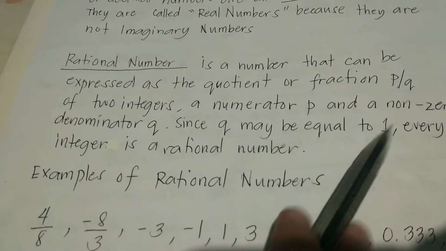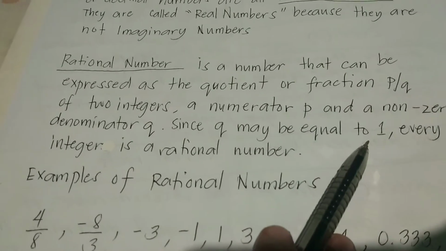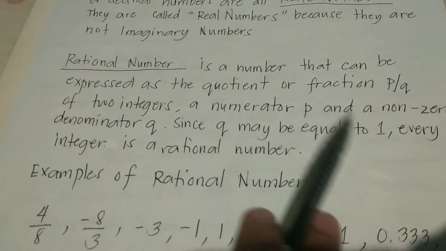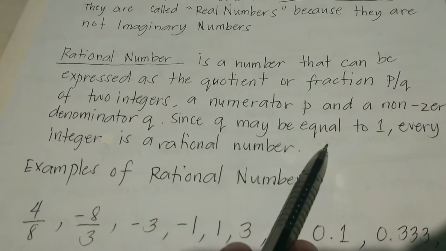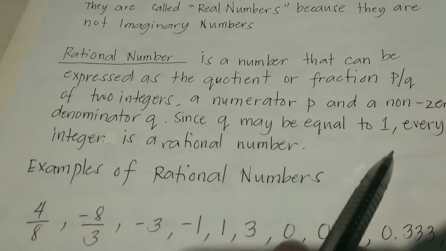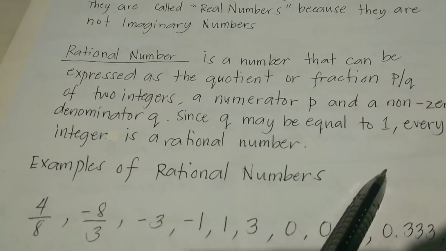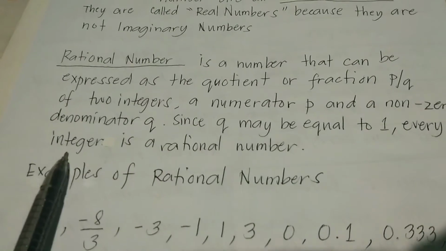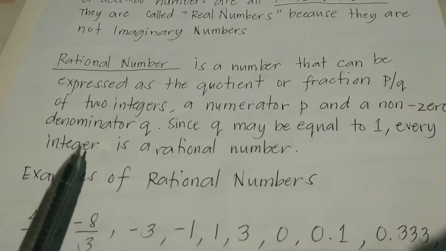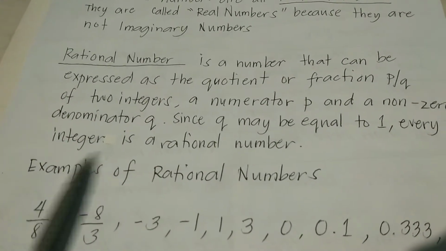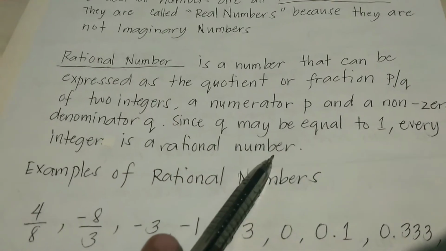Pag ang denominator po niya kasi ay 1, dinivide natin siya sa number. For example, 5 over 1, the answer is 5. And 5 is positive and it is an integer. So, yung pag integer po yun, that is a rational number.